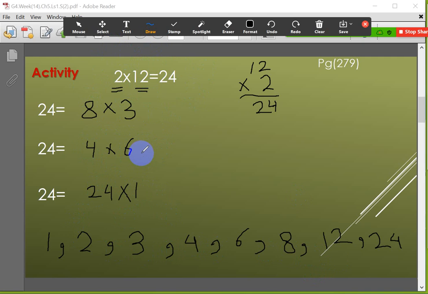Okay, any questions, girls? This is the idea of the lesson, about the factors. Okay, Lana, do you have any question? Okay, Noura, write your question, please. Did you write those on page 279?